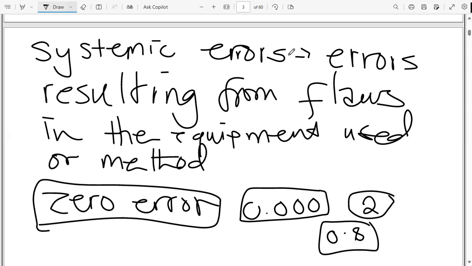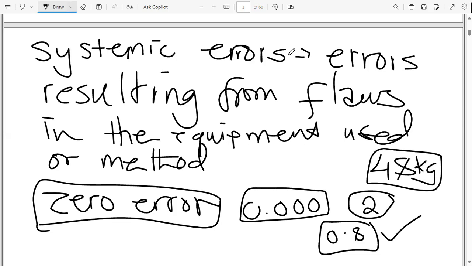So that means whenever you find the final reading, you're supposed to take note of what you had in the beginning, which was the initial reading, as it was not standing at zero itself. So if you find your final mass as 48 kilograms, you're supposed to remember that the scale without anything standing on it was already reading 2 kilograms, which means your actual mass should be 48 minus 2, because you are removing the zero error that you found on your scale.